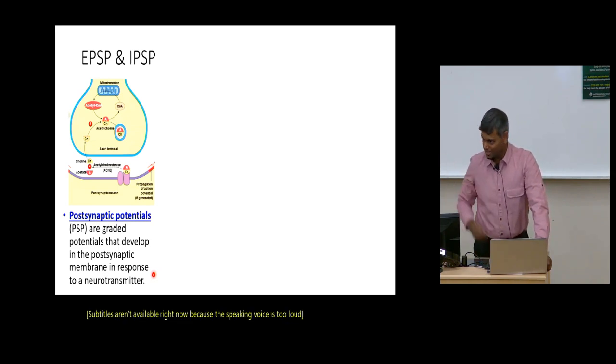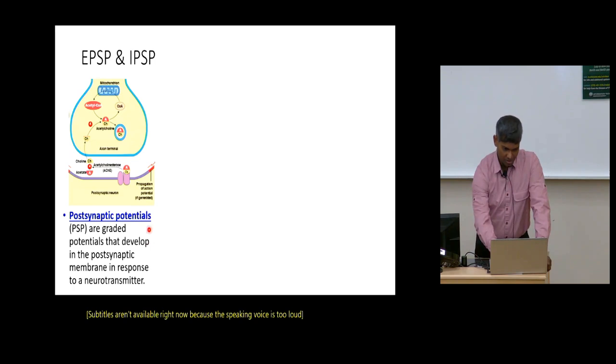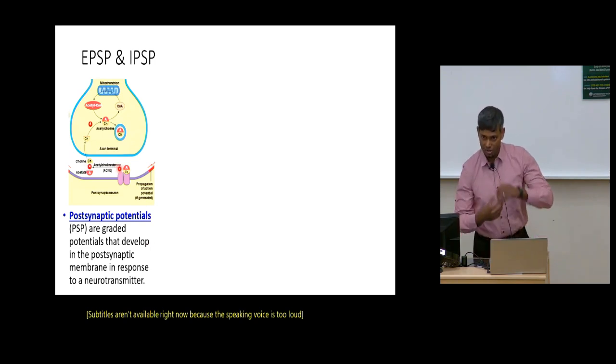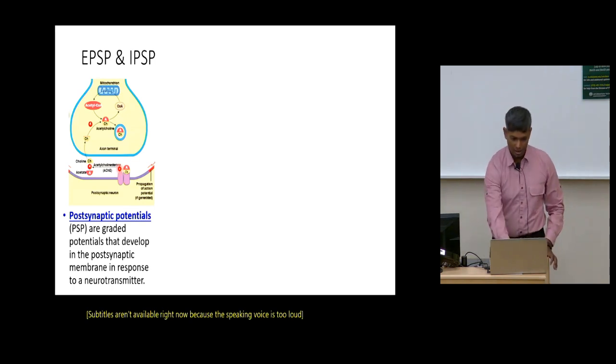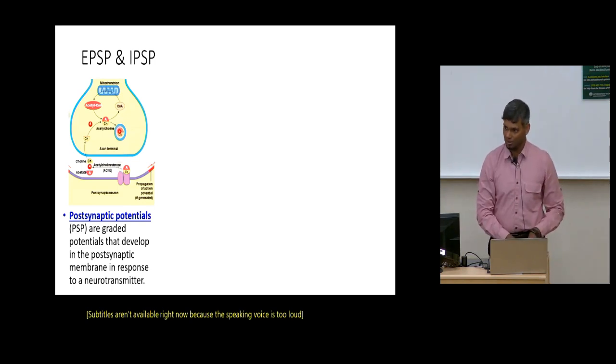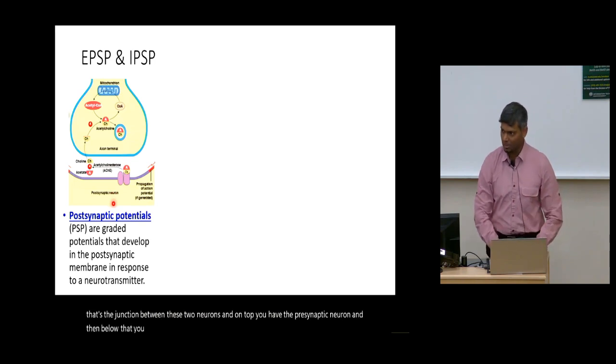So let me explain this sentence in picture format. Here's a picture showing you a synapse, that's the junction between these two neurons, and on top you have the presynaptic neuron, and below that you have the postsynaptic neuron.